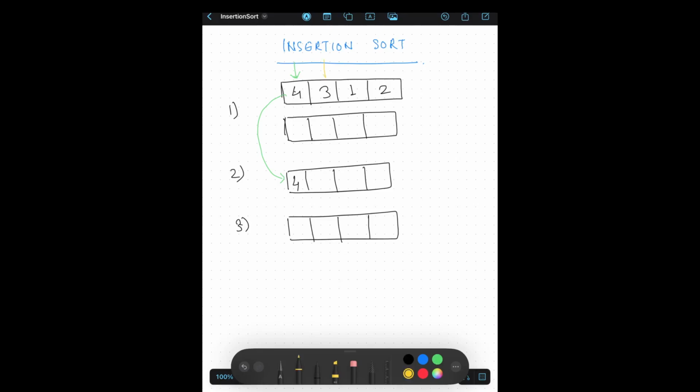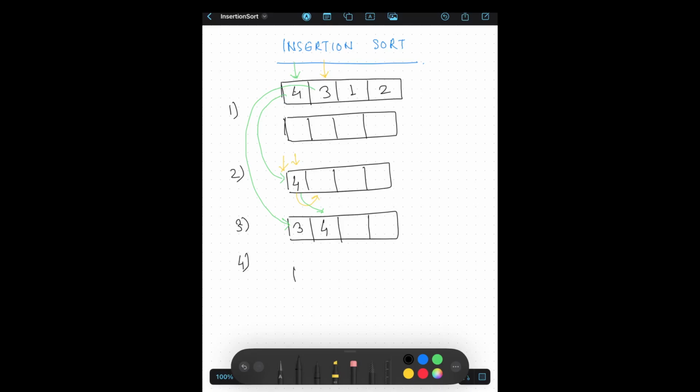You pick 3 and you check in your sorted hand where this 3 should be placed. This means 3 needs to be placed just before the value 4. So this means 4 needs to move here and make space for 3. So then the 3 goes here and 4 goes here, right?